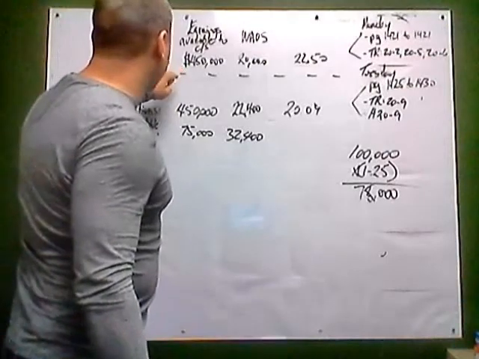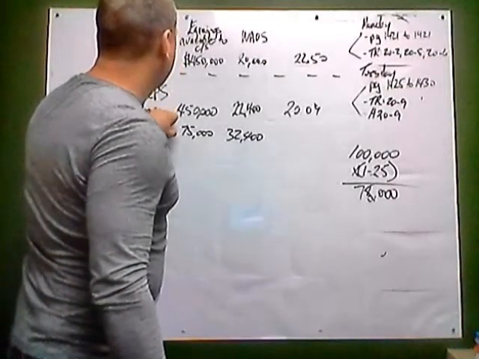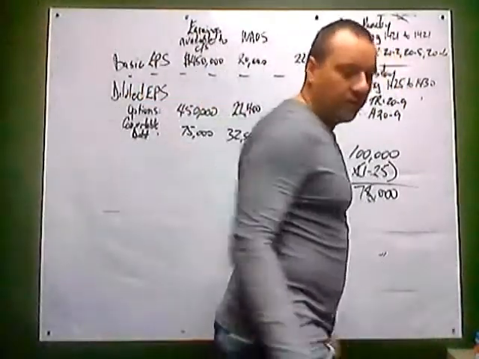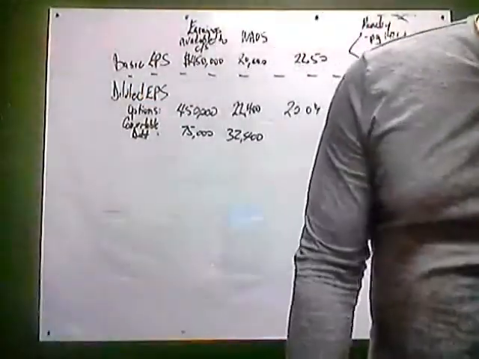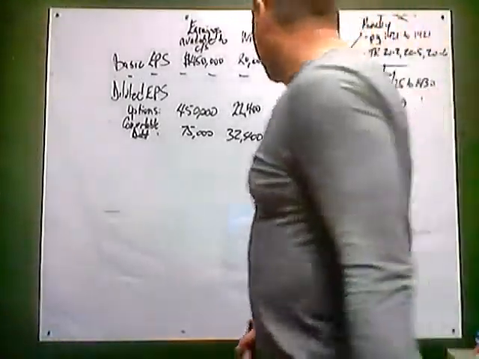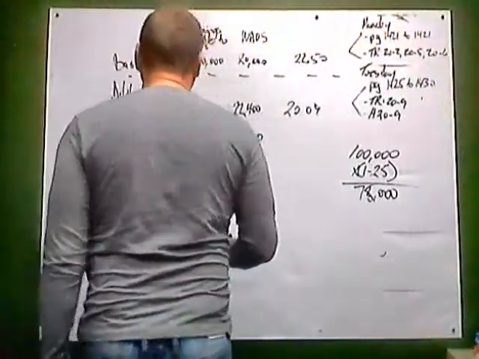We go from 450. Okay, we still remain at 450, but now we're adding in another 75. And again, it depends on how you want to subtotal this after every issuance. Okay.